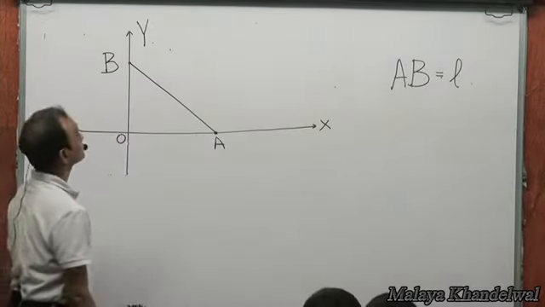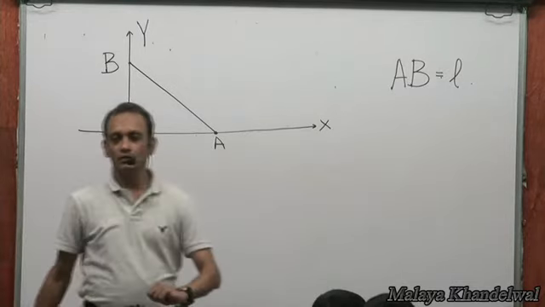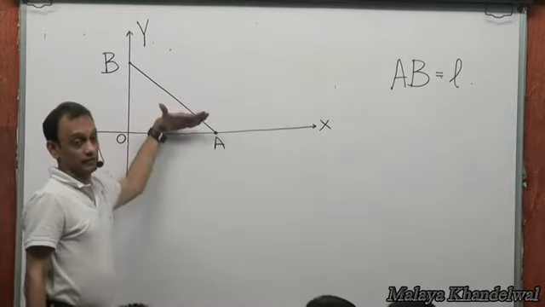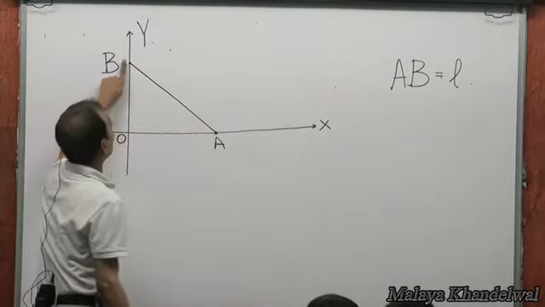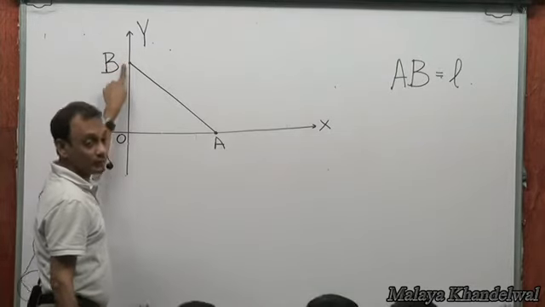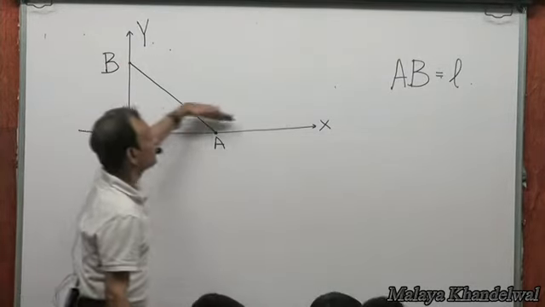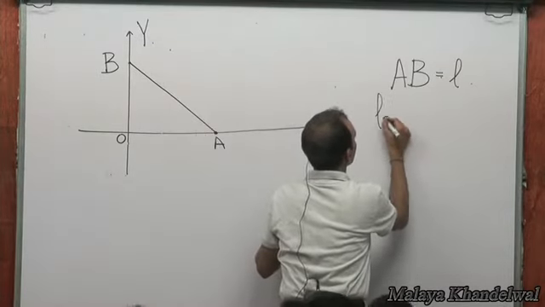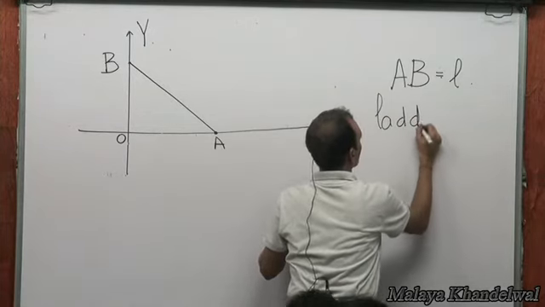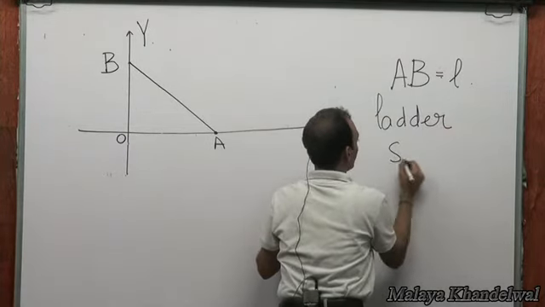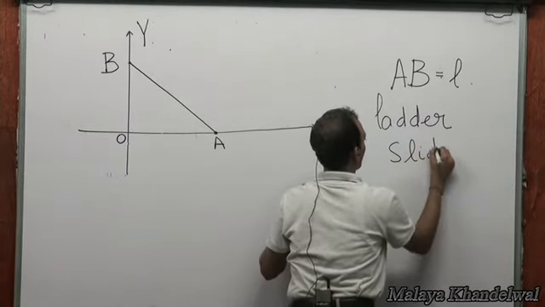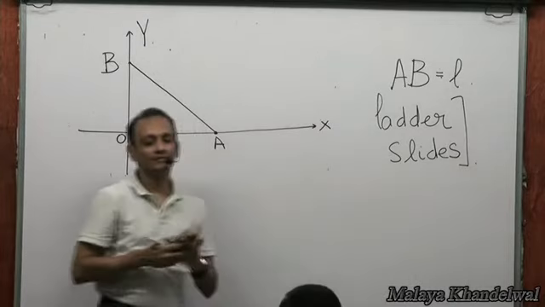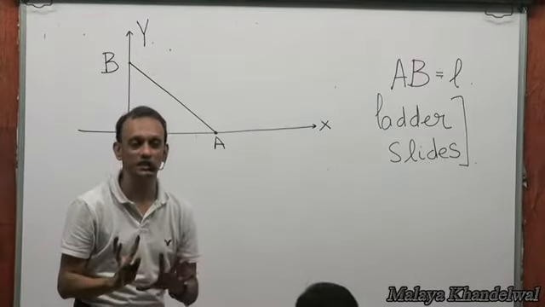Now, what we do is we think of this ladder sliding. While the ladder slides, the point B goes down and the point A moves rightwards. We will assume that the sliding occurs in a reasonable manner.